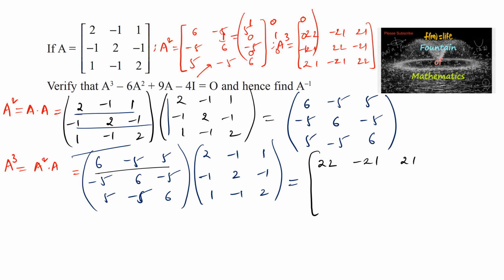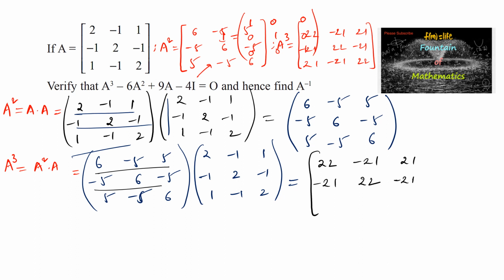Next, second row with the first column: minus 10, minus 6 is minus 16, minus 16 minus 5 is minus 21. And again second row second column: 5 plus 12 is 17, 17 plus 5 is 22. And again second row with the third column: negative 5, negative 6 is negative 11, negative 11 and again negative 10 is minus 21.